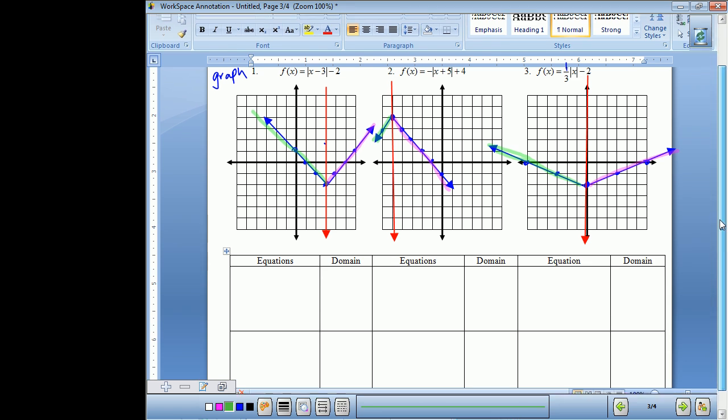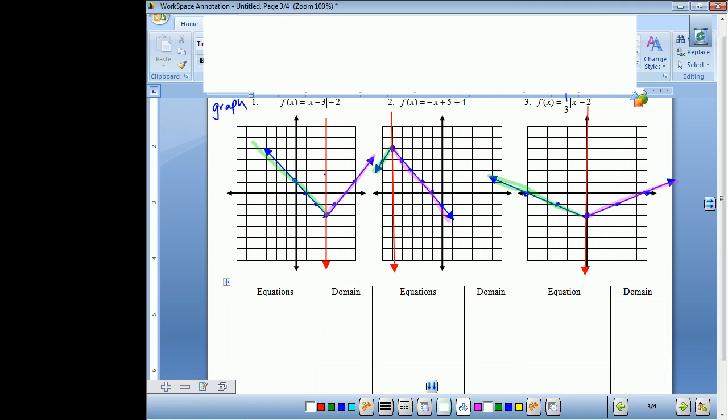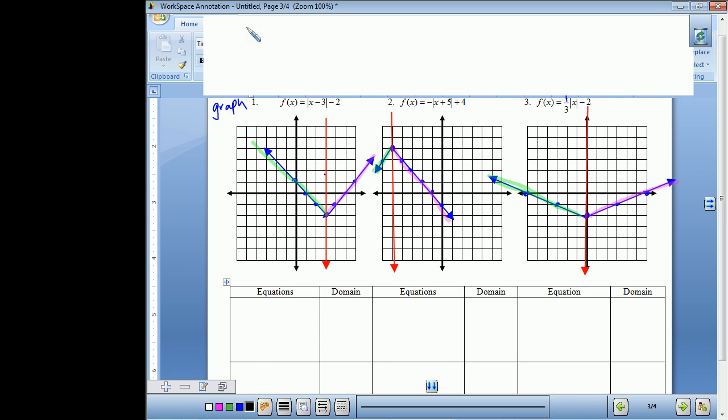Okay, so we know two things about lines. The first thing we learned about lines was to write them in slope-intercept form. So slope-intercept form is y equals mx plus b. And then a little later on, we learned about point-slope form, which is y minus y1 equals m times x minus x1.